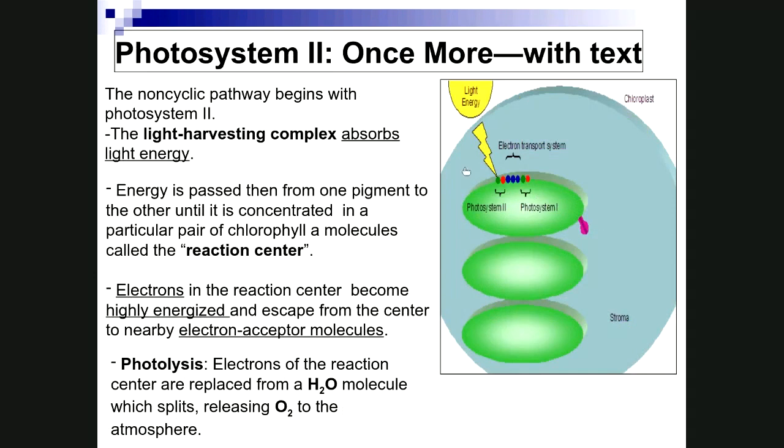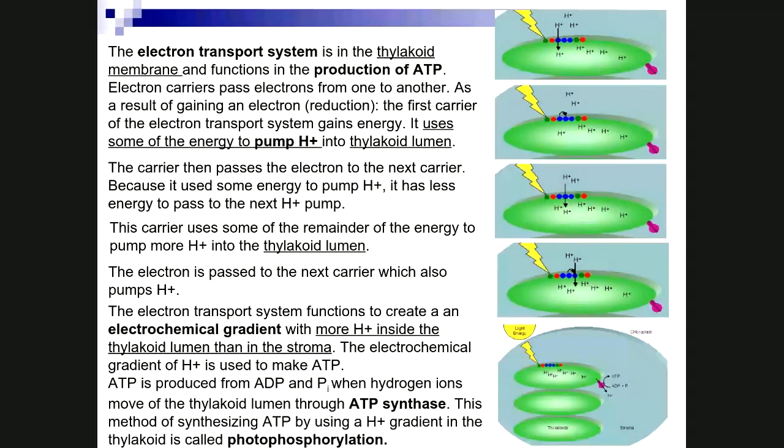But basically, again, we're talking about photosystem 2. We have photolysis, water is splitting, we're producing oxygen, electrons are released, and light is hitting photosystem 2. They're hitting the light harvesting complex, which absorbs the light energy that can then be used to energize the electrons and move them on. This is the same thing I just explained.